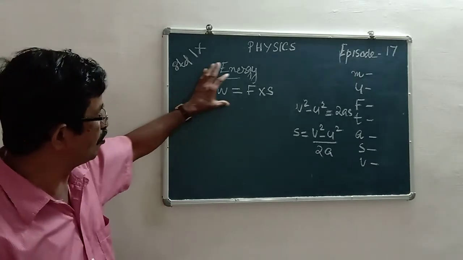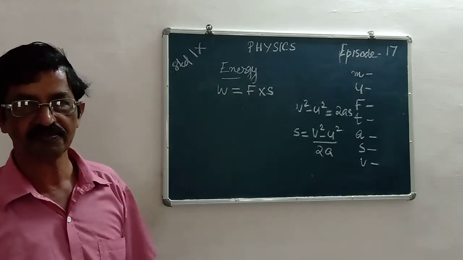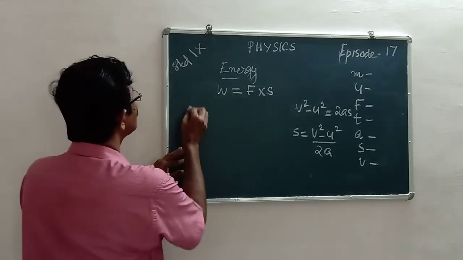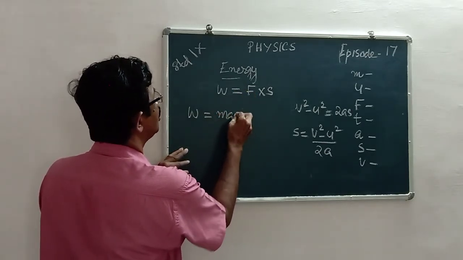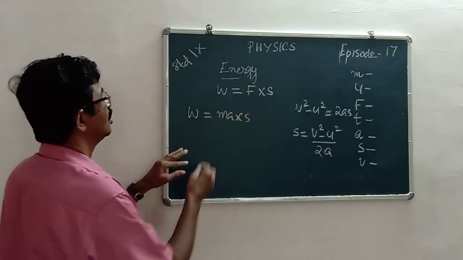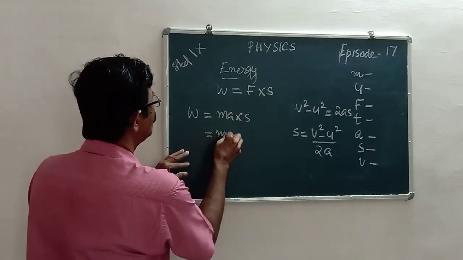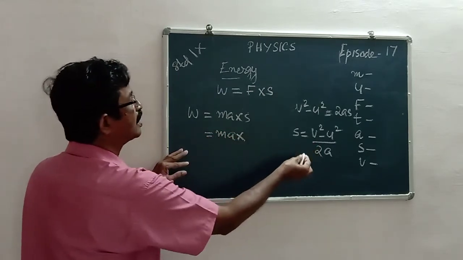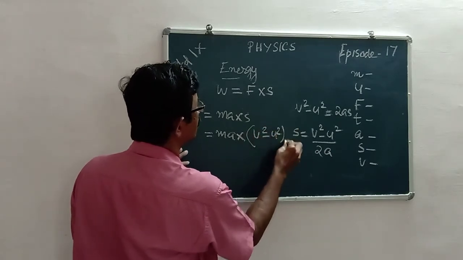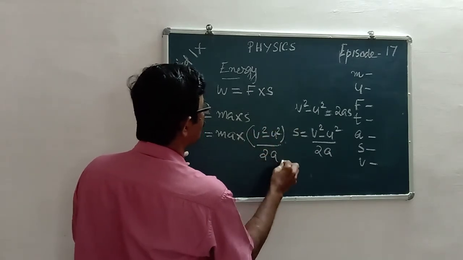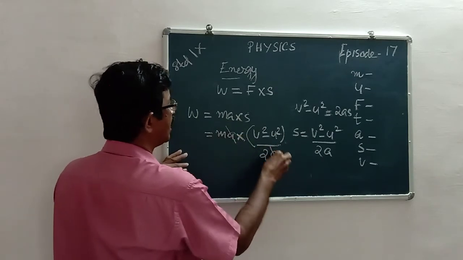Now we know work W is equal to F into S. But F is equal to mass into acceleration a, so W is equal to m into a into s, which is v square minus u square by 2a. This a we can cancel.